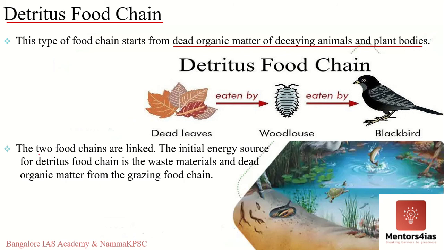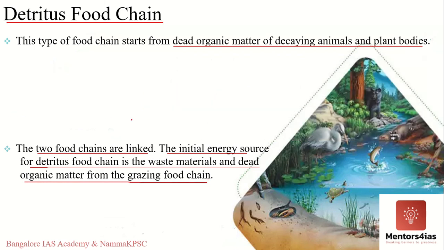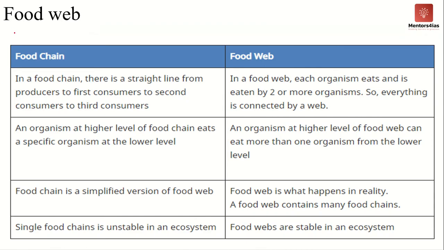But at the same time, I also wanted you to understand that even though these are two different food chains, they are actually linked together. The initial source for the detritus food chain is nothing but the waste materials and dead organic matter from the grazing food chain. So once again, everything is linked, everything is like a cycle. So this covers your food chain.